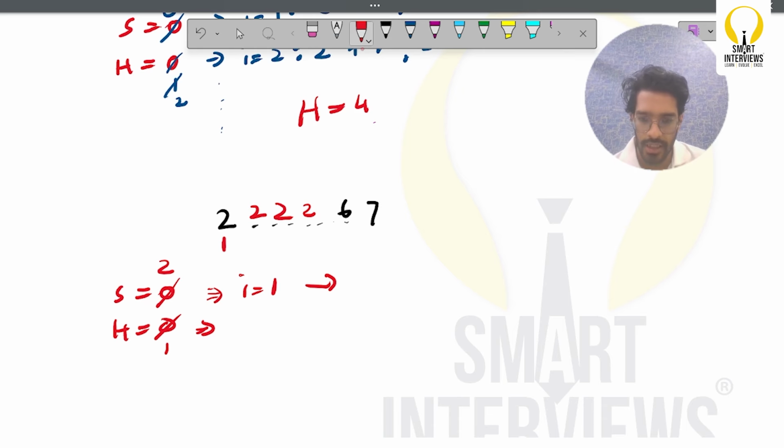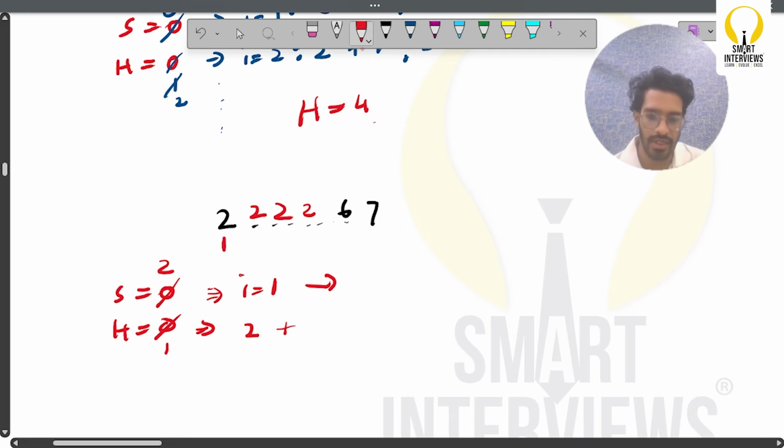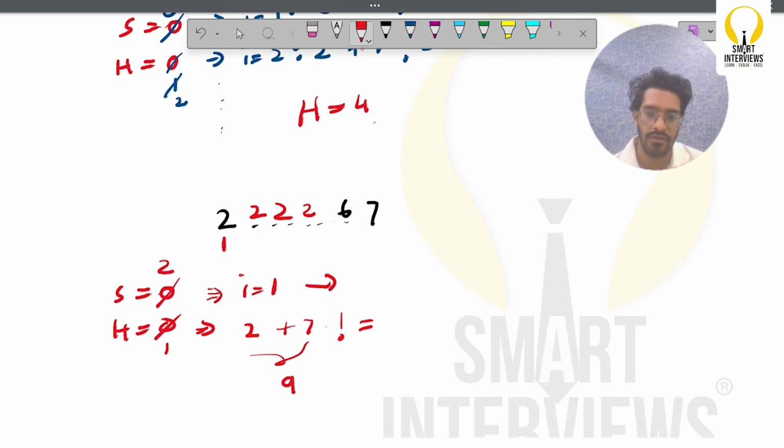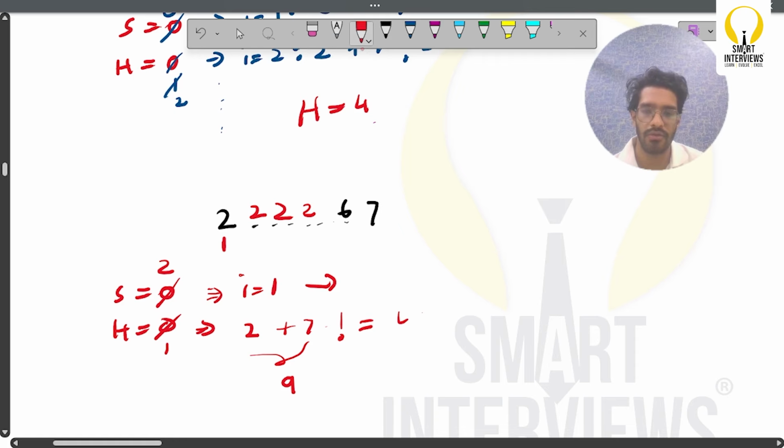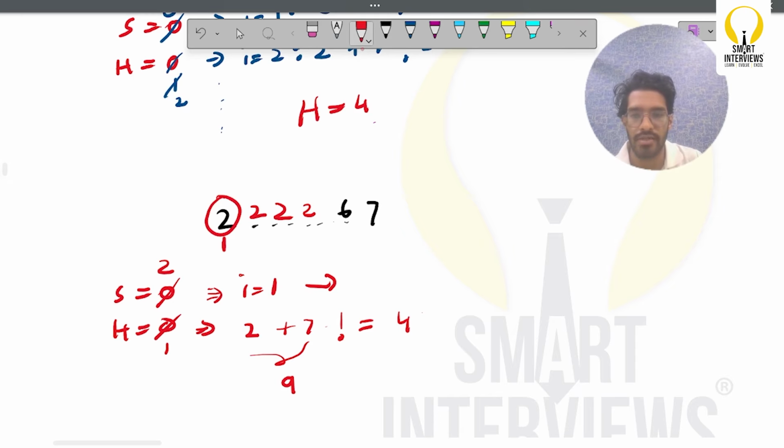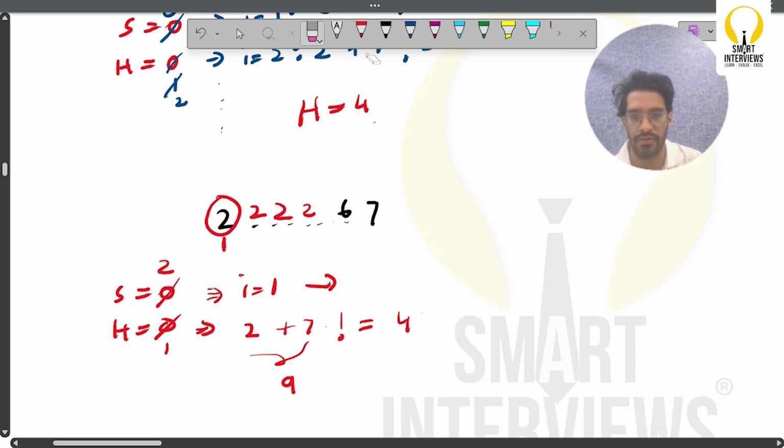Now if you see, if I have the previous sum as 2, and if I add A of I as 7, it becomes 9. This sum becomes 9. Is it not matching with 2 into S? 2 into S in our case becomes 4. Do you see that it is not matching? Right.